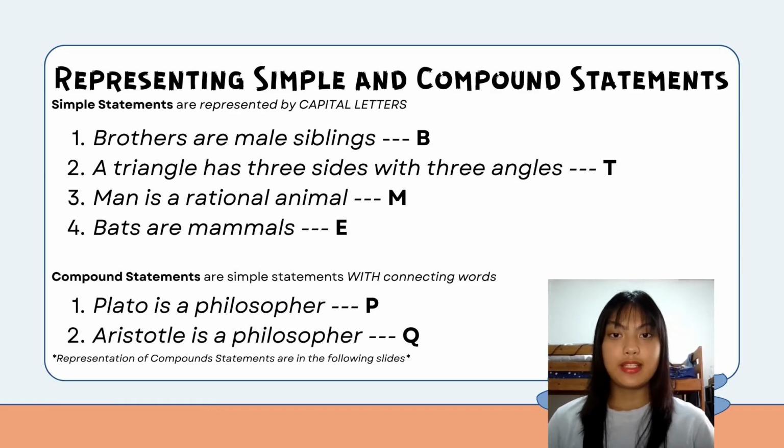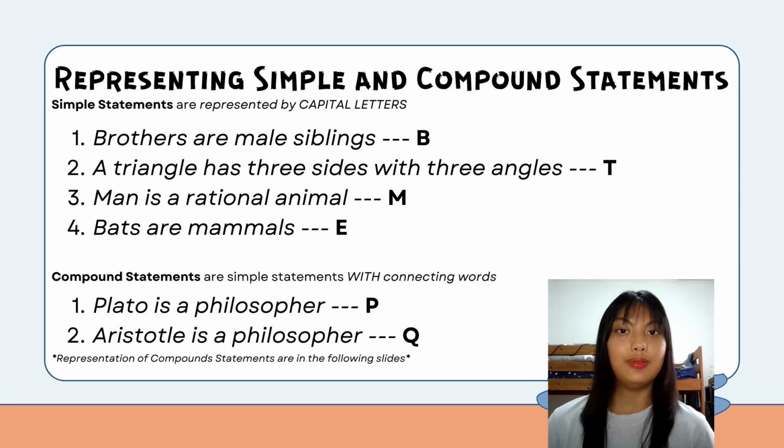Again, statements either contain connecting words or not. Statements without them, however long they may be, are simple statements that are represented by single capital letters. Let's consider these statements as examples to further clarify this description. Brothers are male siblings. This is a simple statement. Notice how it does not contain connecting words.